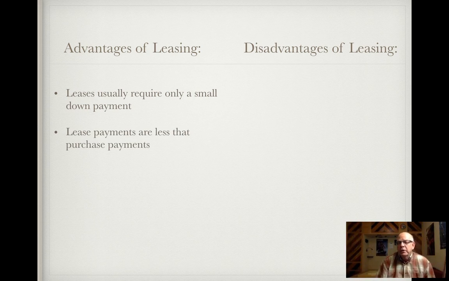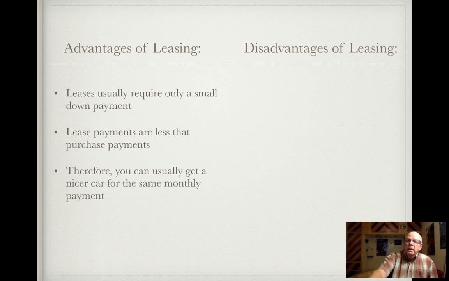Lease payments are typically less each month than a purchase payment, and because of that, you typically end up being able to get a nicer car for the same monthly payment. You basically up your game, in a way, beyond what you could afford if you were buying it.